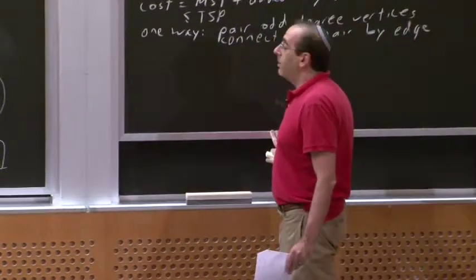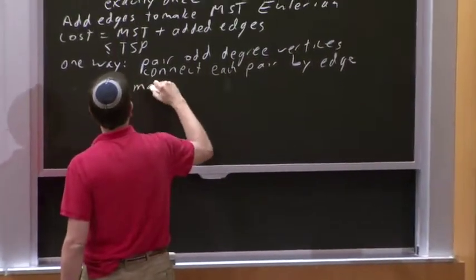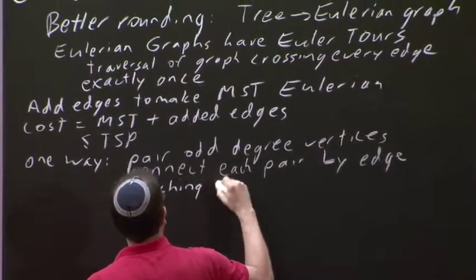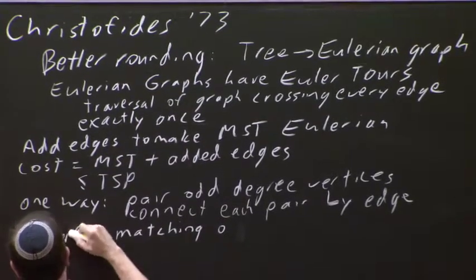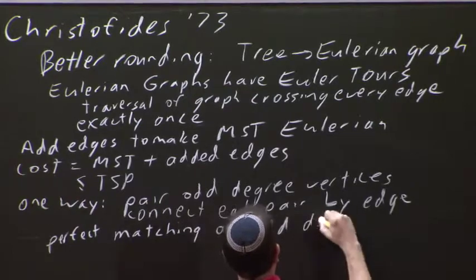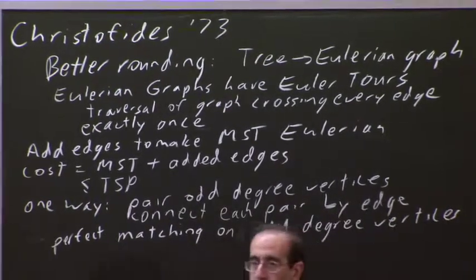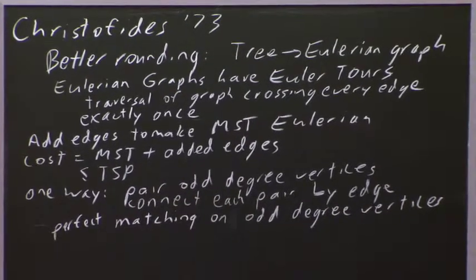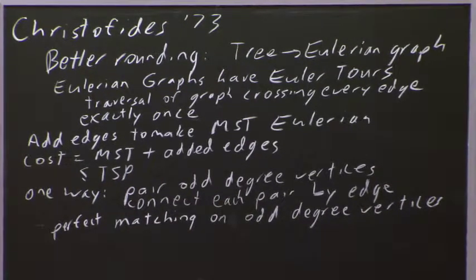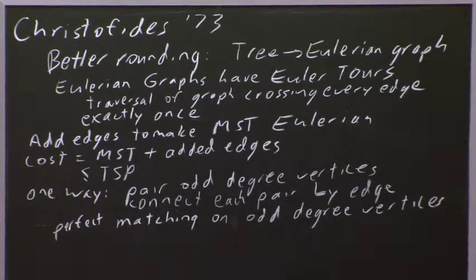In fact, you can put this in the language that we've worked with before. This is just a perfect matching on the odd degree vertices. Now, we studied matching in a bipartite graph, but there's a very natural generalization to non-bipartite graphs.